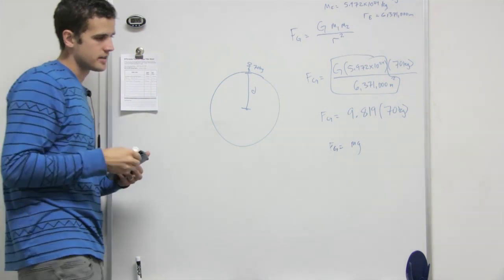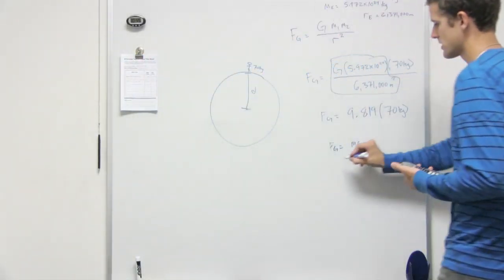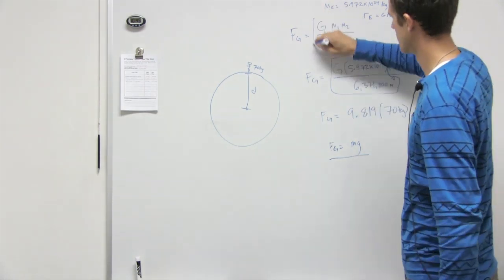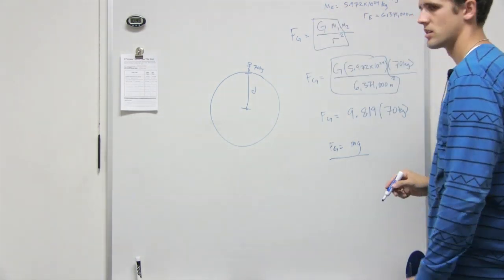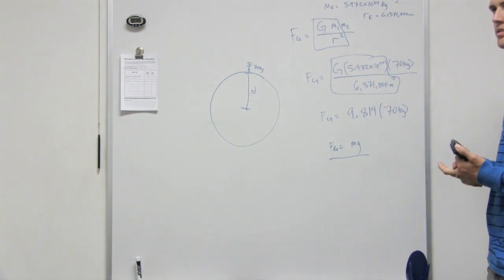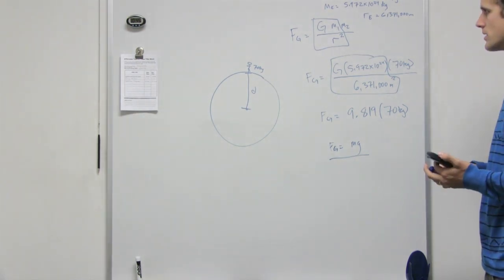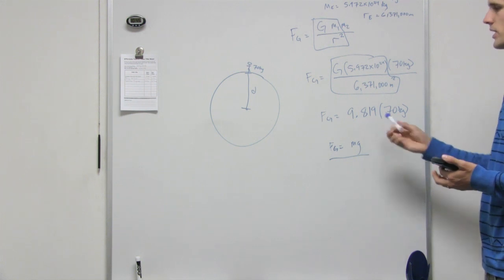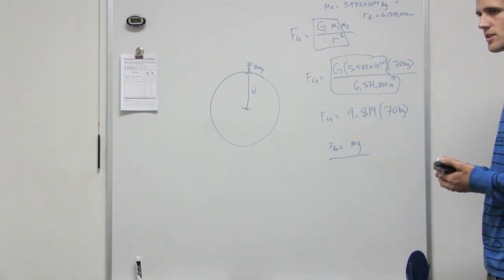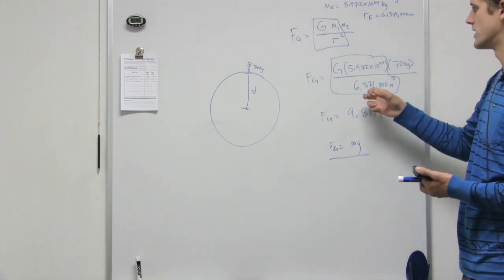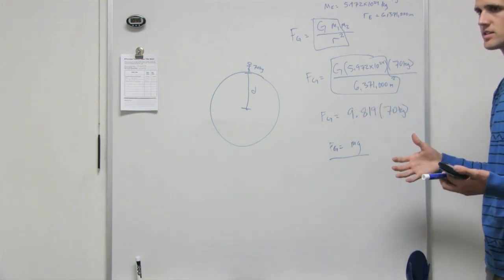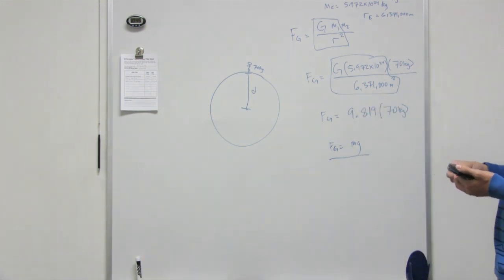So to get this equation, we've taken this one and just solved for this piece, because it's the same anywhere you go on the earth. Okay. So that's 9.81 times your mass. That makes sense. So that just proves that the force of gravity really is 9.8 wherever you go. The force of gravity will be 9.8 times the mass of the object.